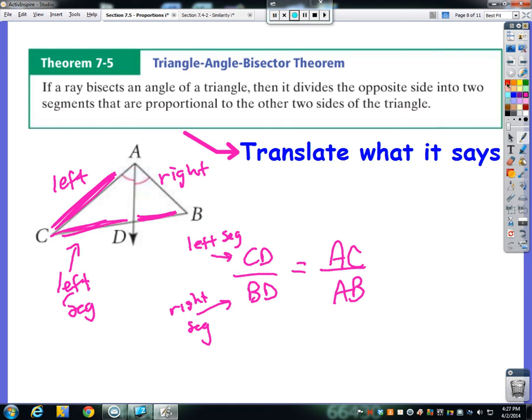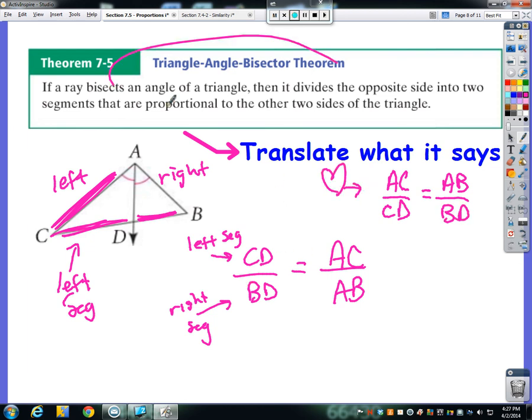Now, is this any different than what I just showed you earlier? Well, let me redo the Heart Theorem here. The Heart Theorem I said was AC over CD is equal to AB over BD. Then this is technically what the triangle angle bisector theorem is setting you up to do. Are these 2 different things? No, they're really the same thing. And how do I know that?